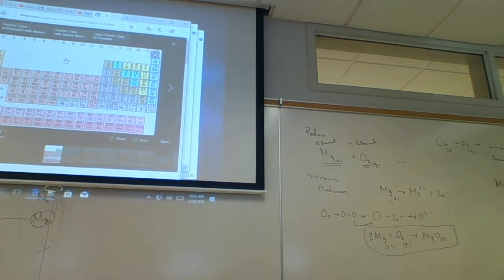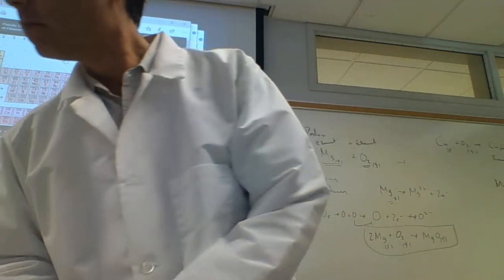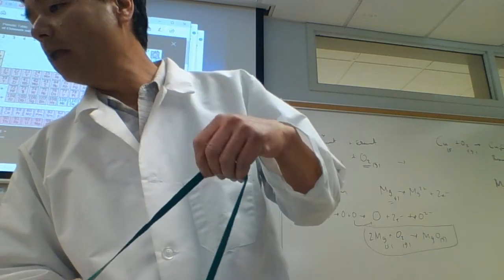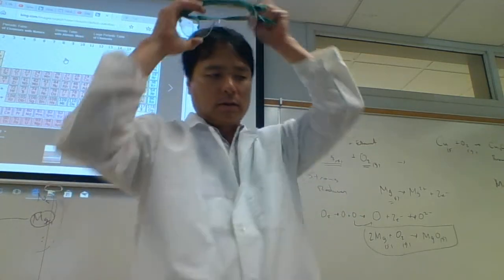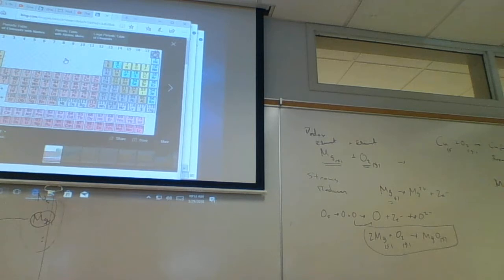If I take my white solid magnesium oxide and add water to it, does anything happen? Okay, and so this is reaction number 2. The ash from above is mixed with water. So I'll take the ash and mix it with water.